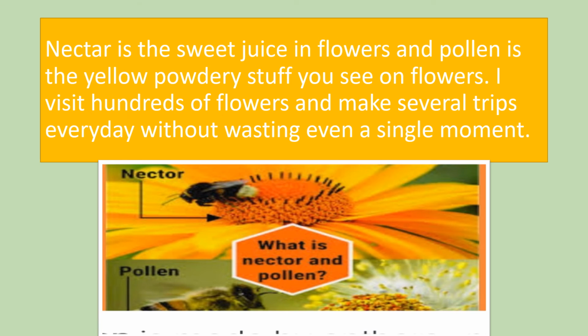Nectar is the sweet juice in flowers and pollen is the yellow powdery, underline powdery, stuff, underline stuff, you see on flowers. I visit hundreds of flowers and make several, underline several, trips every day without wasting even a single movement, underline movement.